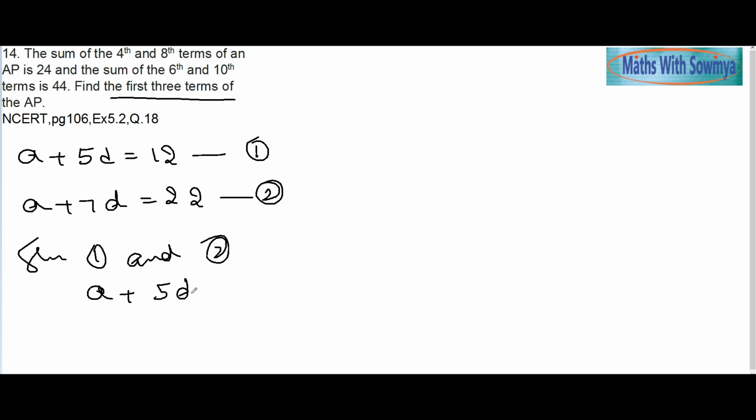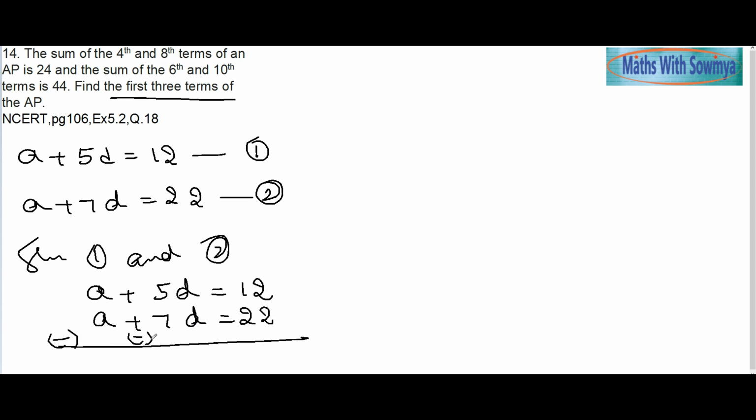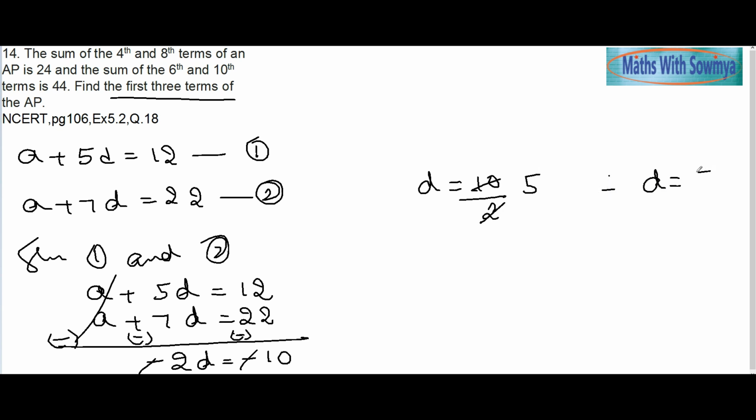A plus 5D is equal to 12, and A plus 7D is equal to 22. The A's cancel, and we get minus 2D equals minus 10. So the negatives go, and D is 10 by 2, which is 5. Therefore, the value of D is 5.